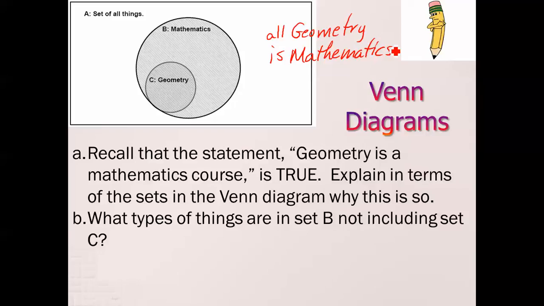Nothing fits just in geometry but not in mathematics. So what types of things are in set B that are not in set C? So we want to know what types of things are mathematics but are not geometry. That could be algebra. That could be statistics. Those things would go in this section that are not geometry but they are mathematics.